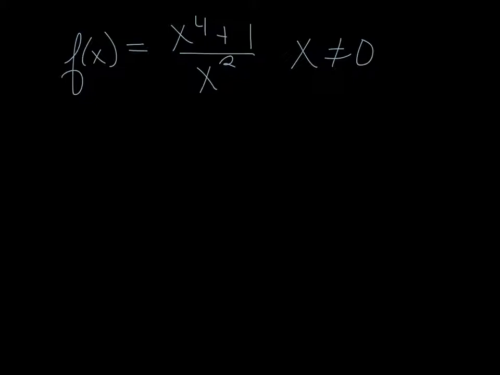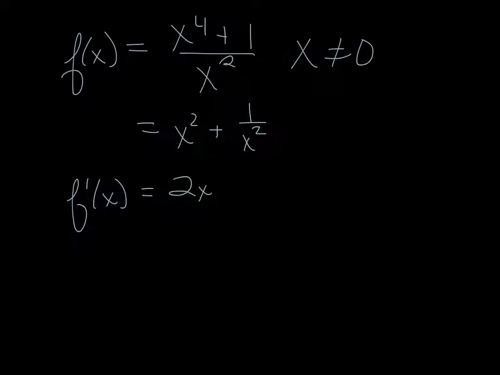Okay, so let's see how that's going to work. If I simplify f of x, this becomes x squared plus 1 over x squared, right? All right, so if we take the derivative, we get 2x minus 2 over x cubed. Is that right?